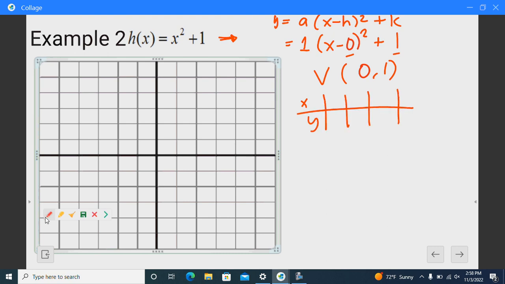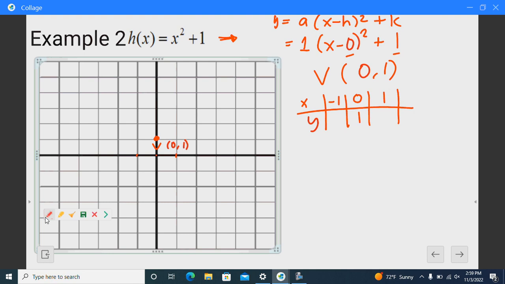Alright, let's make your life easy. Let's just have 1 point to each side of 0. Let's first plot the vertex, which is 0, 1. And then, what's the point after 0? That should be 1, right here. And on the left side, we have negative 1.